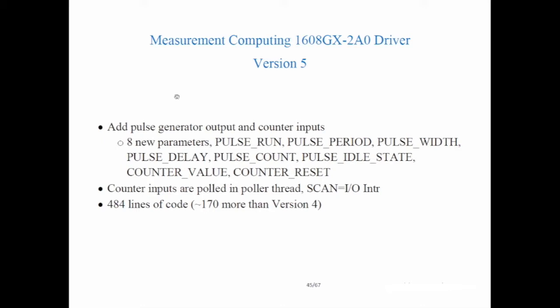The counter inputs are going to be polled in the same poller thread we just wrote. So in addition to polling the binary inputs, we'll poll the counters. They're also going to be scan I/O interrupt, and this added about 170 more lines of code than we had in the previous version.